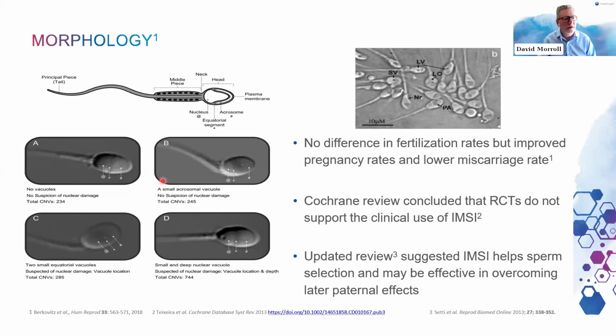They used a system they call copy number variation that linked to the likelihood of that sperm being poor quality, carrying DNA damage and giving poor outcomes. So there might be some scope for re-evaluating IMSI. The most recent review I'm aware of, though it's not particularly recent, suggested that IMSI might help sperm selection and may improve late paternal effects. And we know sperm impact late paternal effects much more than we did a while back.